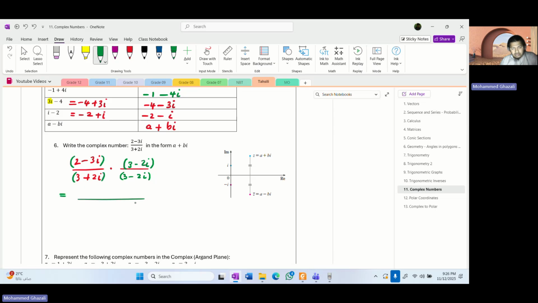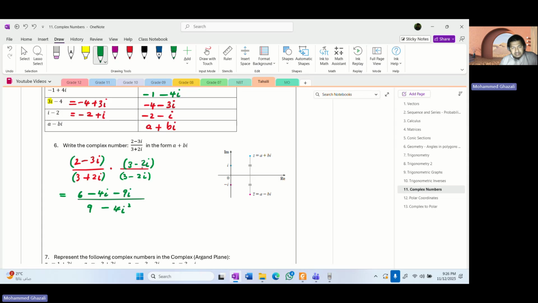The next step is to multiply out the denominator. That's a difference of two squares. 3 times 3 is 9. Plus 2i minus 2i is minus 4i squared. Right. Now the top: 2 times 3 is 6. 2 times minus 2i is minus 4i. Minus 3i times 3 is negative 9i.